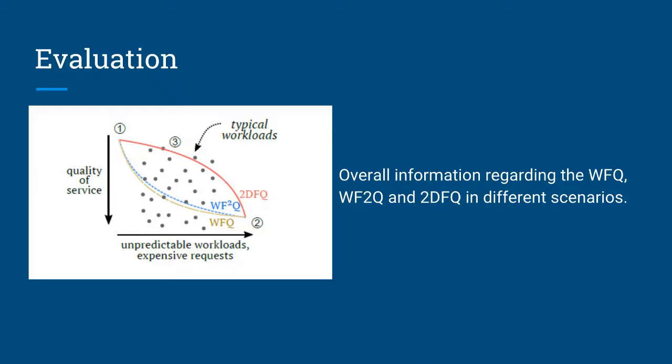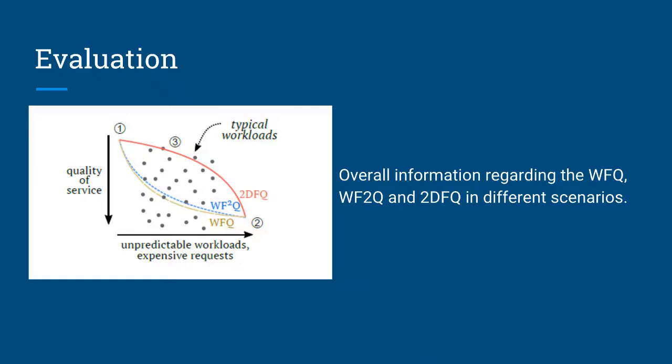So in this figure, we are able to see the predictable workloads with low variation in request cost, where workloads are preemptible, and the scenario is representative of packet scheduling.